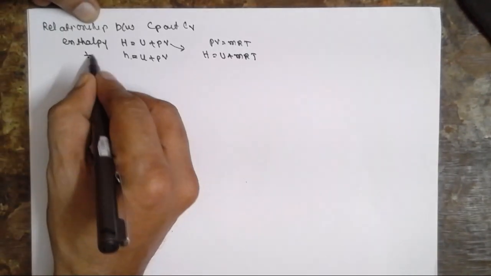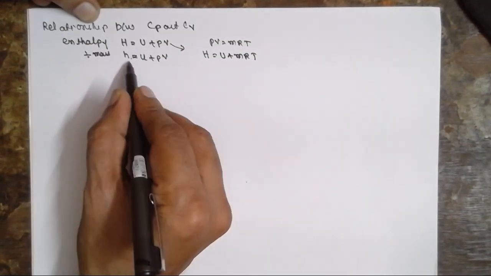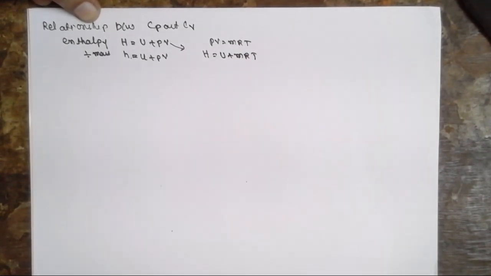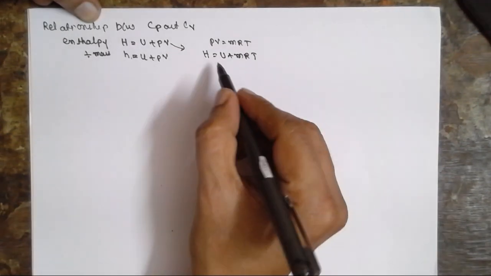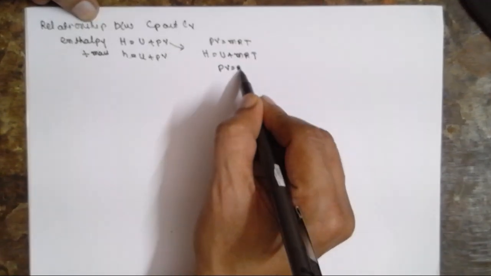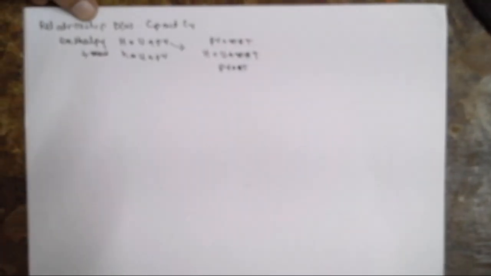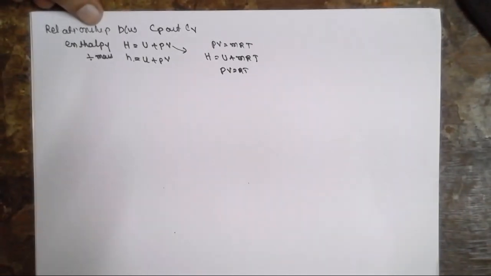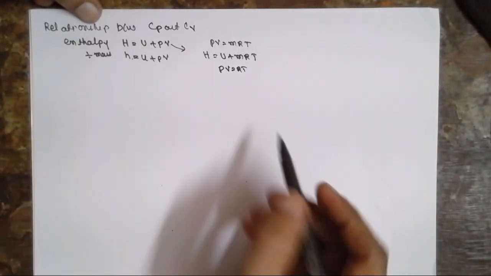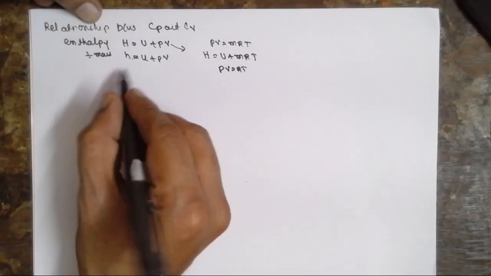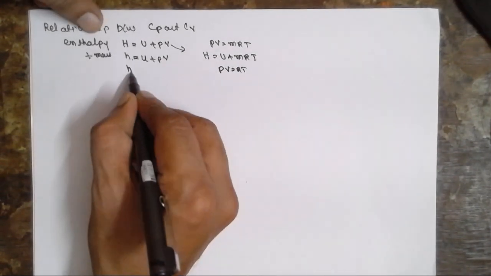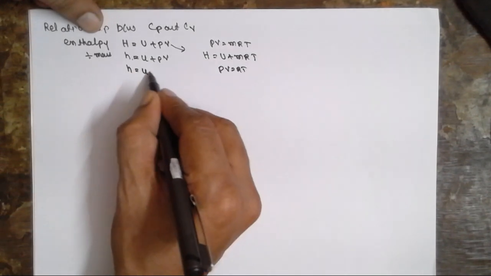If you divide by mass, small pv can be written as RT, because we have divided by mass. Therefore h equals u plus RT.